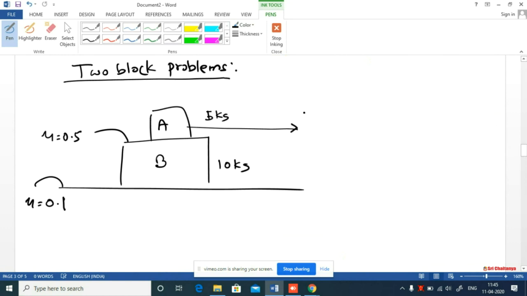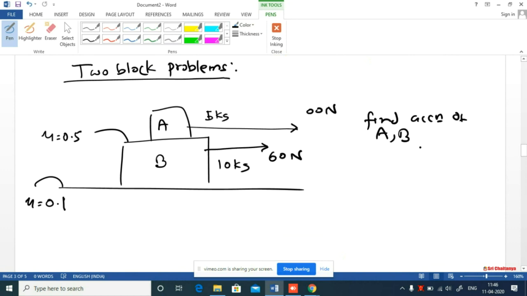So this is let us say 100 Newton, and this is 60 Newton, and the question is to find the acceleration of A, B, find friction between them, etc. That's the question.